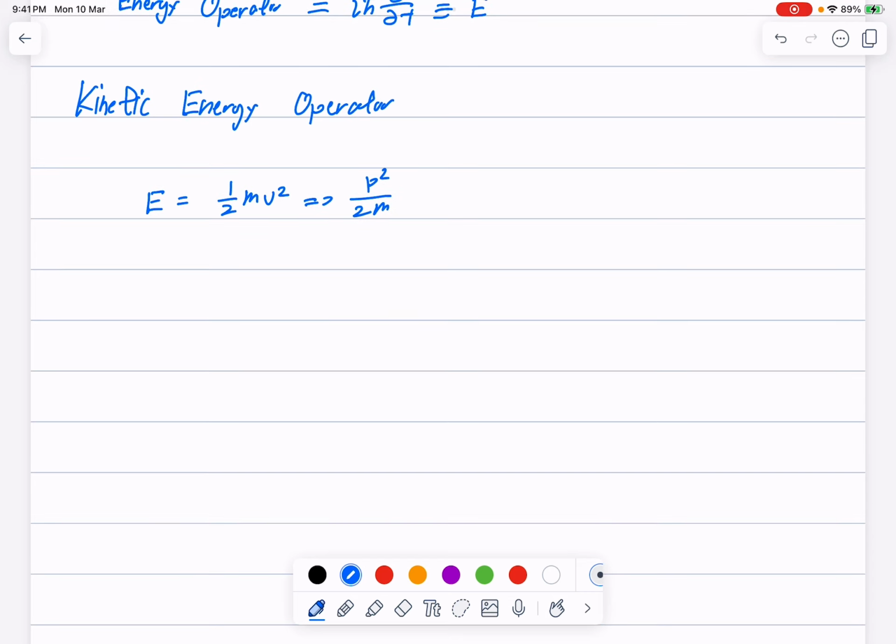Great. And what do we have here? Basically, let's define this as E, kinetic energy. Call it E1, so we can differentiate it from the other one. E1 psi of x and t equals p squared over 2m psi of x and t.